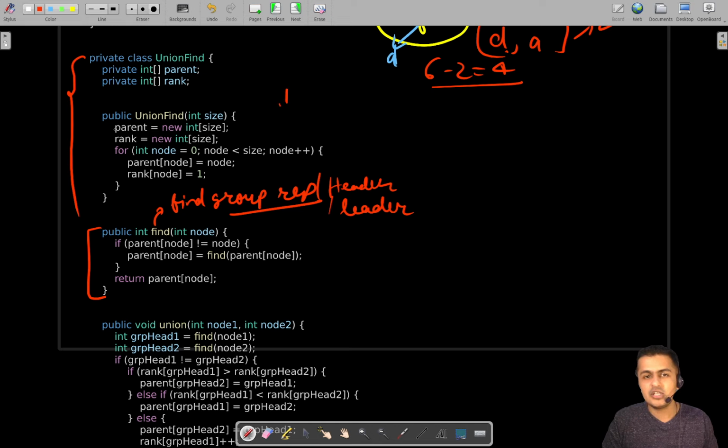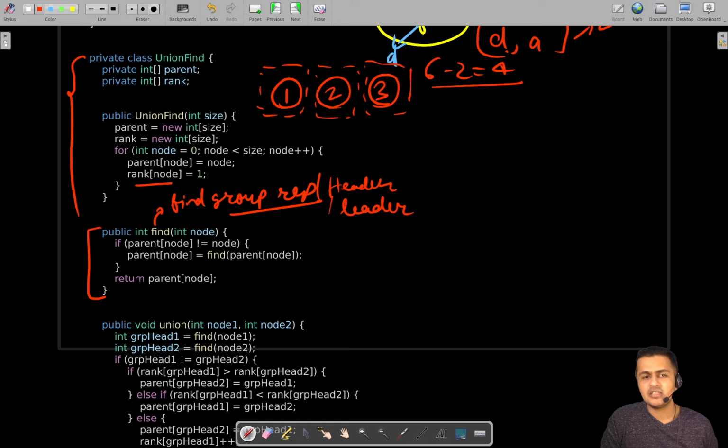Initially each of the stones, let's say 1, 2 and 3, will be the group leader of itself. So we will initially have groups of size 1. All will be their own group leader and the group size will be 1 for all. I will tell you in a bit what rank is also.